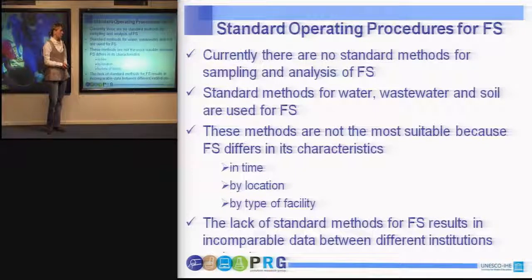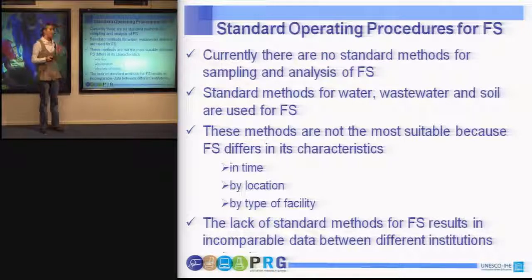Currently, there are no standard operating procedures for fecal sludge measurement, and standard methods for water, wastewater, and soil are adopted for the fecal sludge. However, these methods are not the most suitable because the fecal sludge differs in its characteristics. As we said, it's highly heterogeneous, but it also has higher solids content compared to water or wastewater.